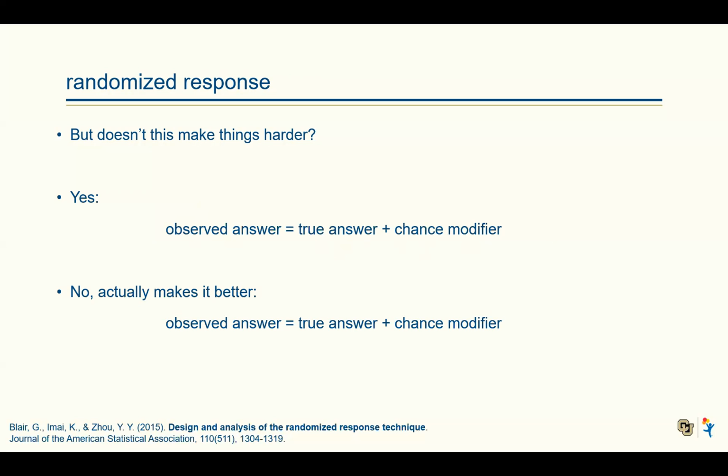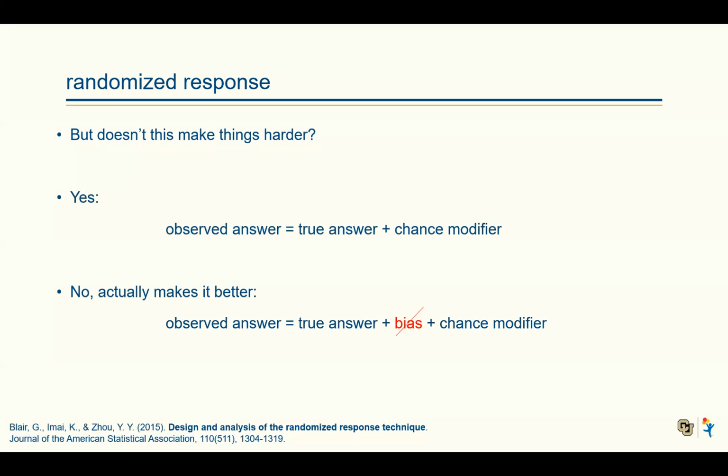But it actually also makes things better, because what's going on here is we do have a bias term. And by introducing this plausible deniability, we get to reduce this bias. The problem with bias is that we can't average over it. It's not stochastic. It's a set value. It's not going to move that much unless we change our design.